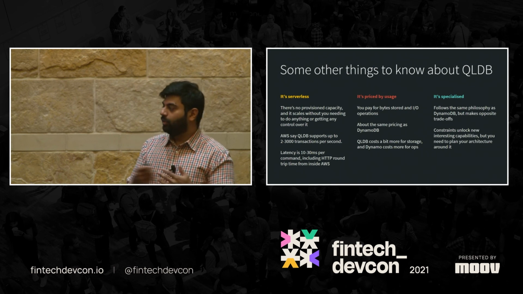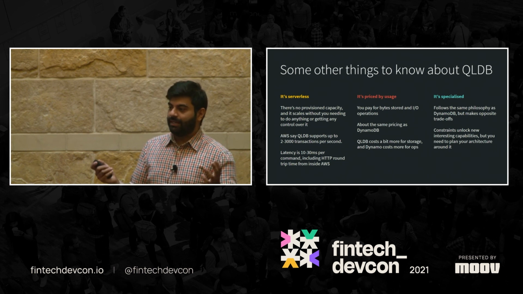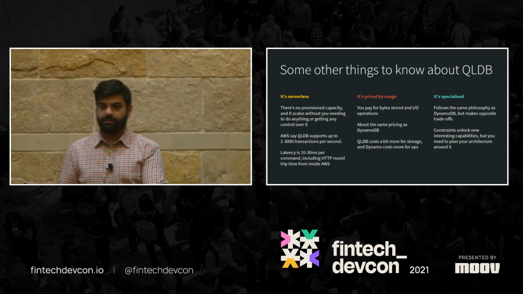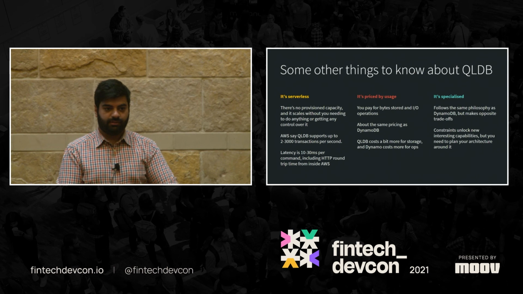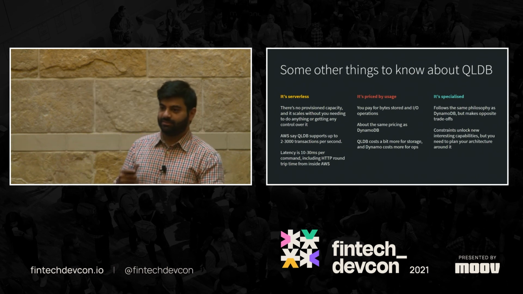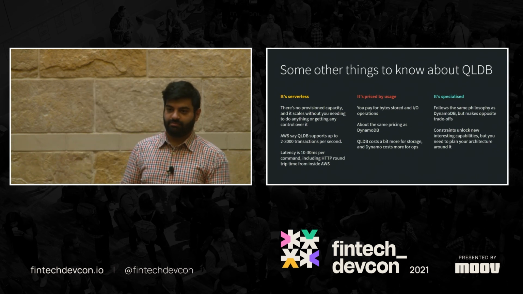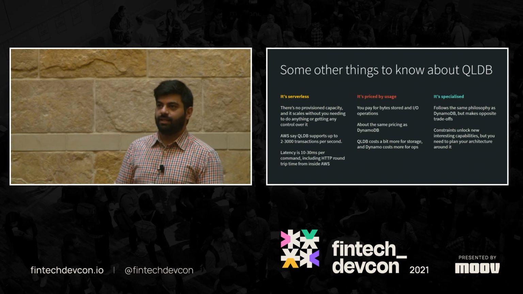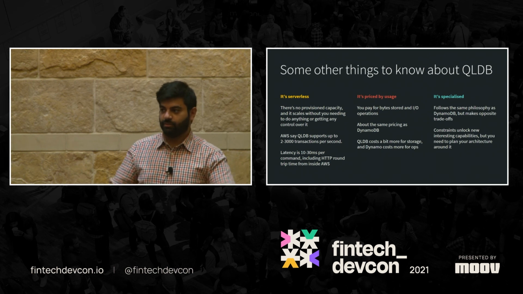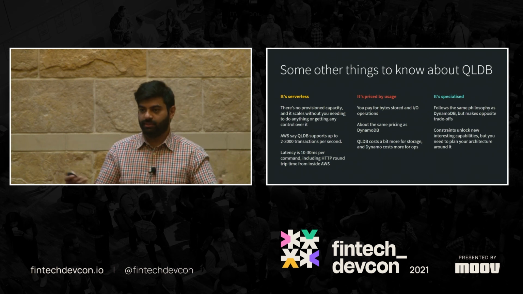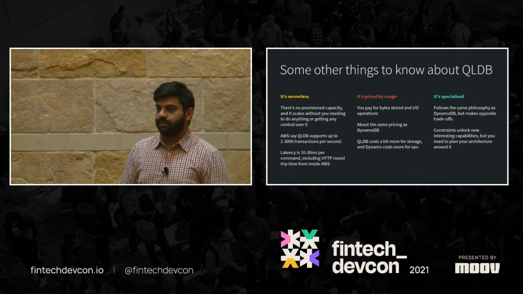In terms of actual operations, the only time it went down was when US West 2 went down and everybody was down. I think it was an elastic load balancer issue, so everybody inside AWS using US West 2 was affected a couple of weeks ago. But the database itself has been completely fine.